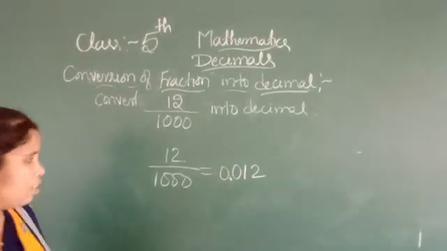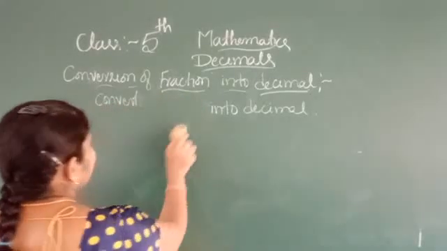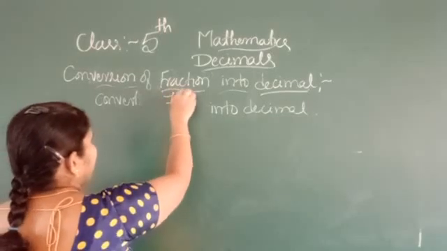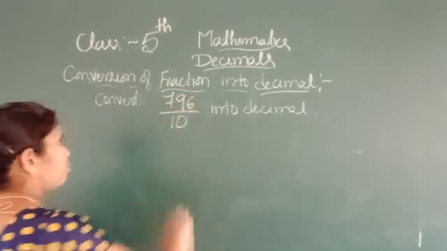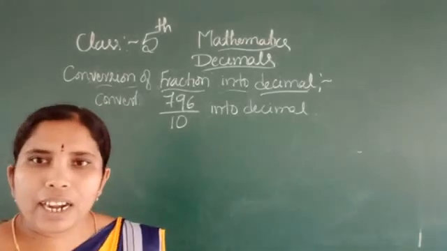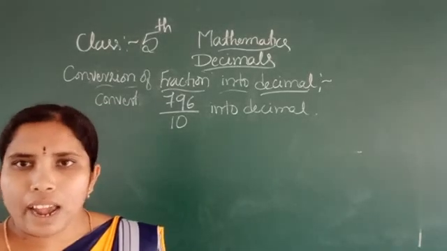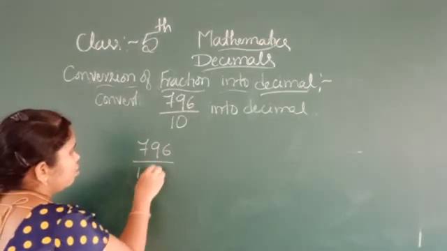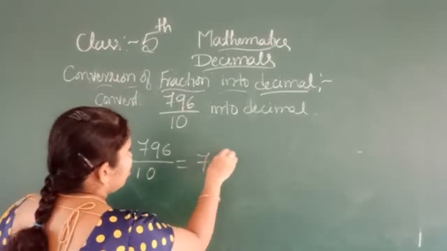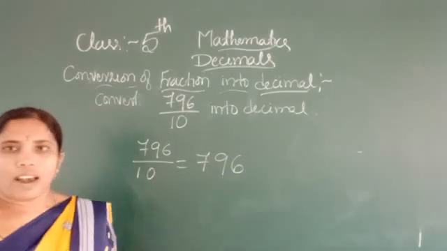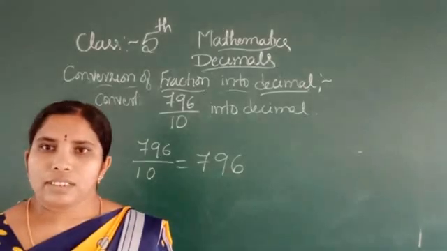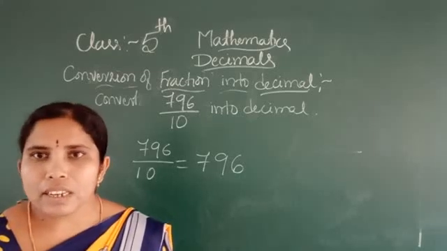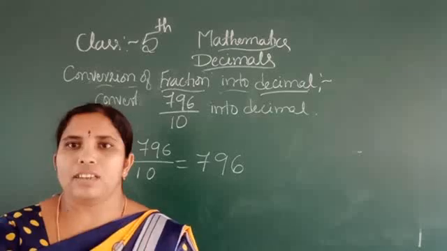So convert 796 by 10. Write the numerator first, 796. See, observe the denominator. In the denominator, how many zeros are there? Only 1 zero.